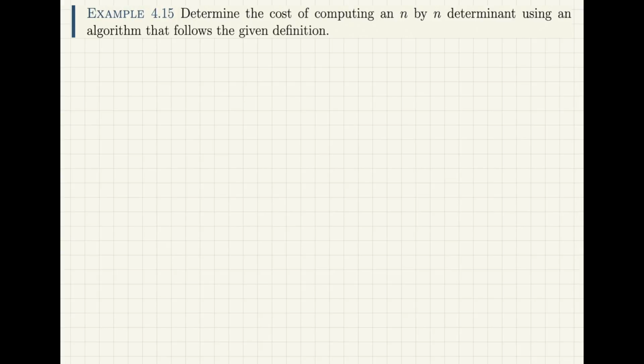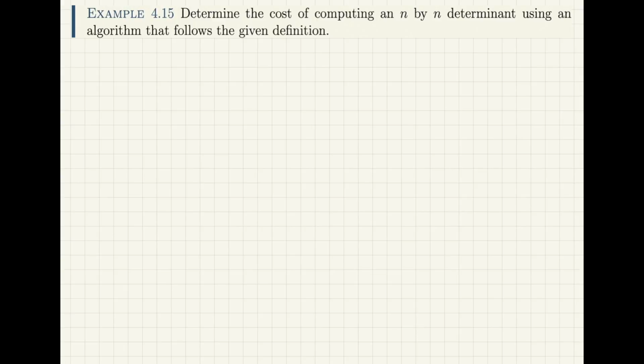Okay, now let us calculate the cost of computing an n by n determinant. So what I mean is to calculate the number of arithmetic operations that one can execute to be able to calculate an n by n determinant based on the definition.